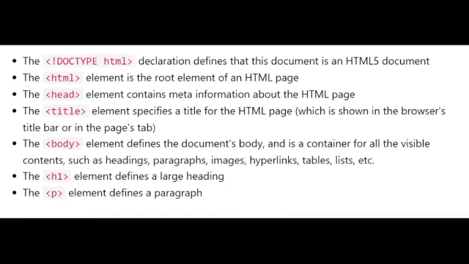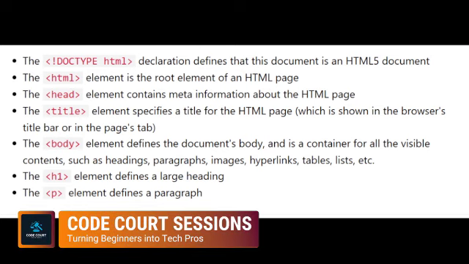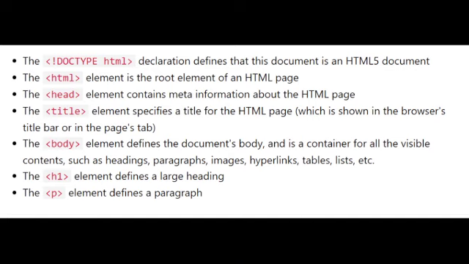So for you to start an HTML page, you need to have an HTML structure. Just like someone who wants to build a building needs land to build on, in HTML you need a structure.